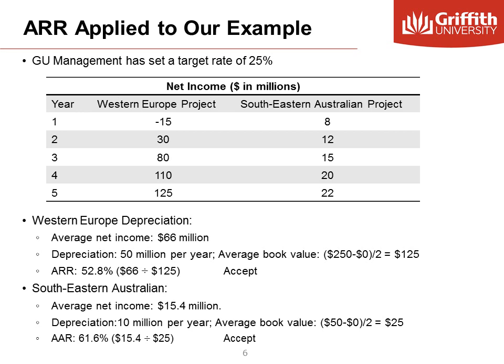Applying ARR to our example, we assume the firm has set a target rate of 25%, meaning that projects will be accepted only if their accounting rate of return is above 25%. In the table, we are given the income expected from these projects and for which we take the average.